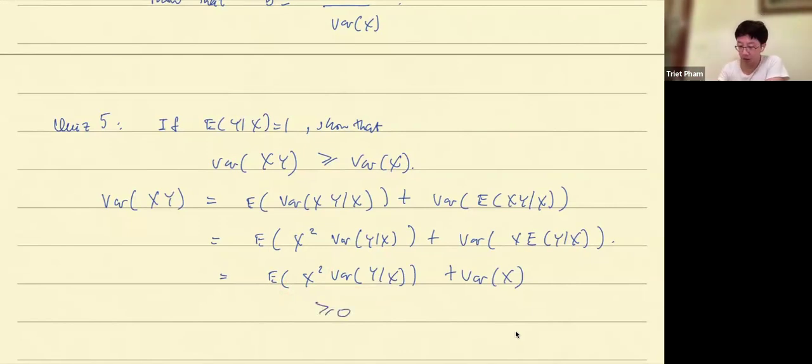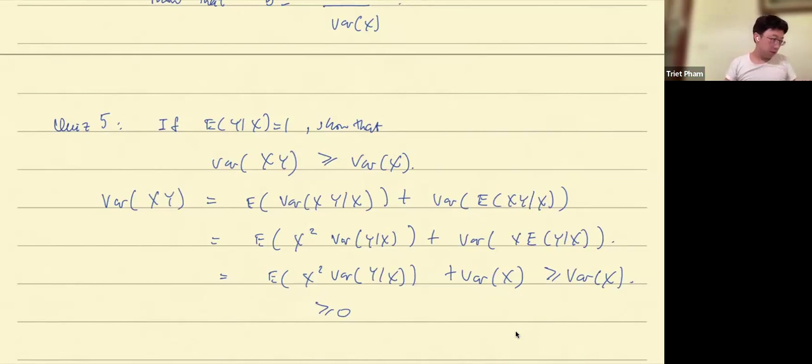Well, that's all we need, because that's what we can use to conclude that this is bigger than variance of x. Any question? Right.